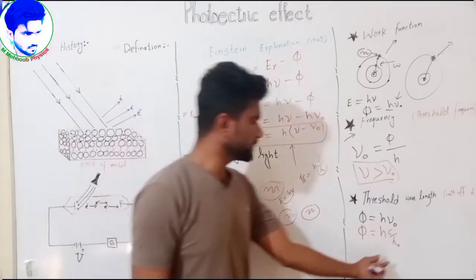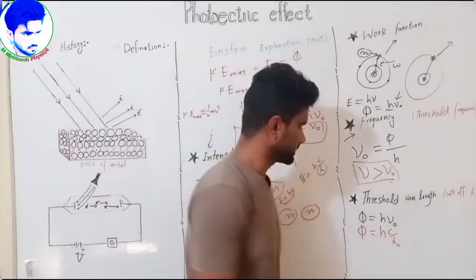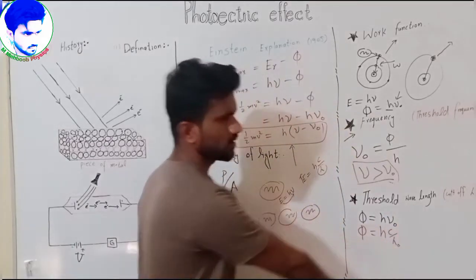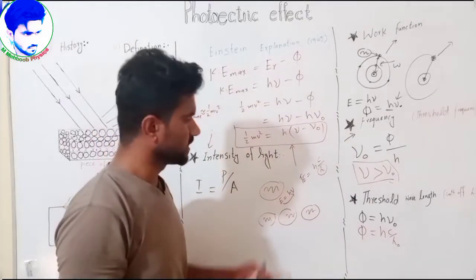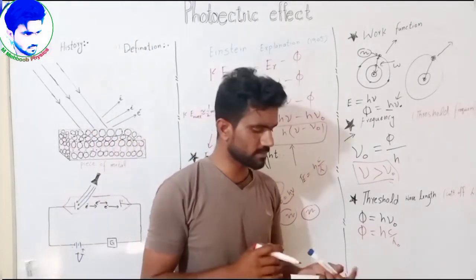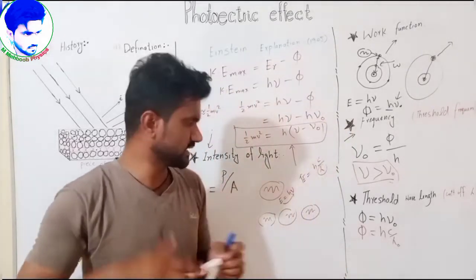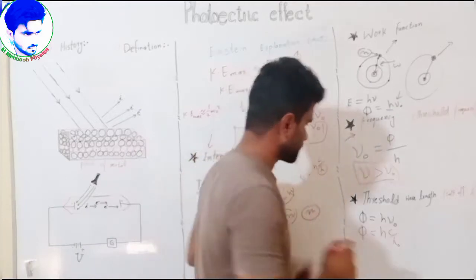Lambda naught is the threshold wavelength, the maximum wavelength at which the photoelectric effect can occur. That is called the threshold wavelength, or the cut-off wavelength.